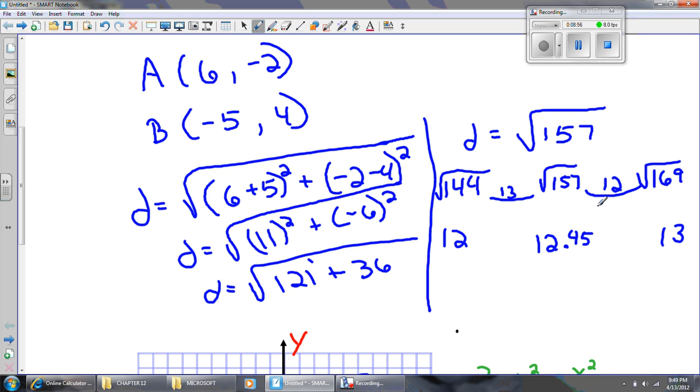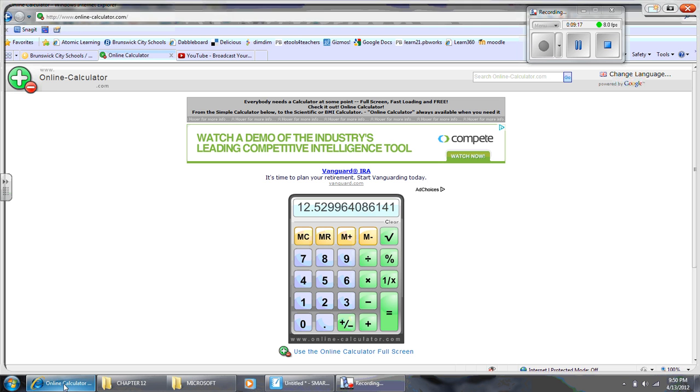So therefore, the square root of 157 has to be a little bit more than 12 and a half. So it's approximately 12.53.